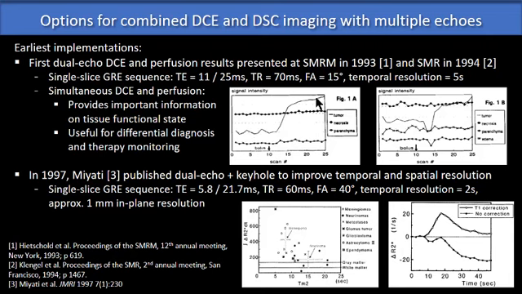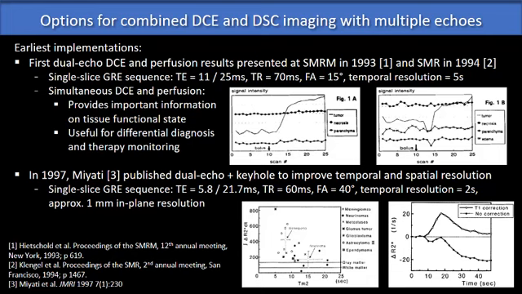In their first echo, they see pretty nice enhancement in their tumor, and even with 5-second temporal resolution, they were able to see a susceptibility-induced drop. Probably not enough, but pretty good for, I think, the early 90s. What they said in the abstracts was just that you can get a lot more information and that this might have a lot of use.